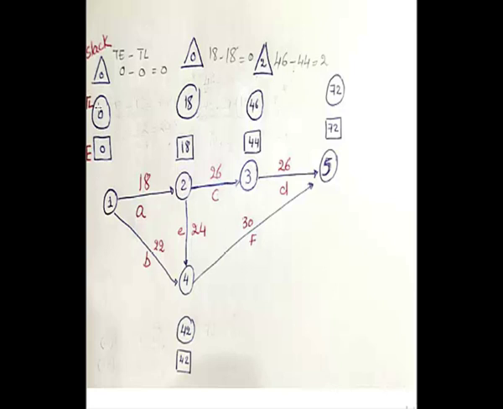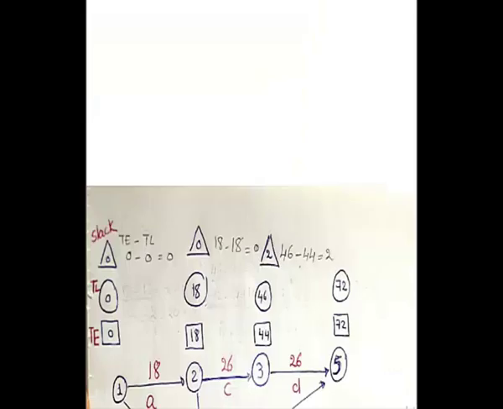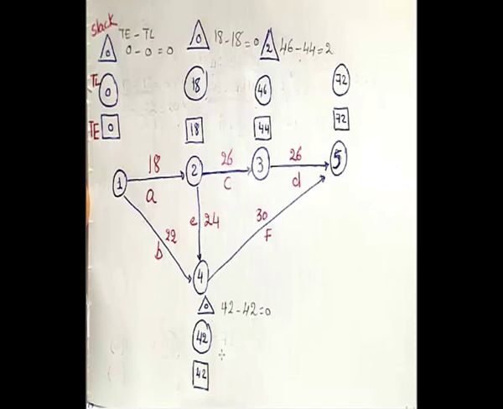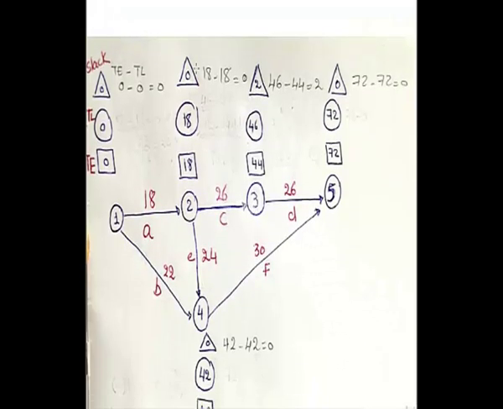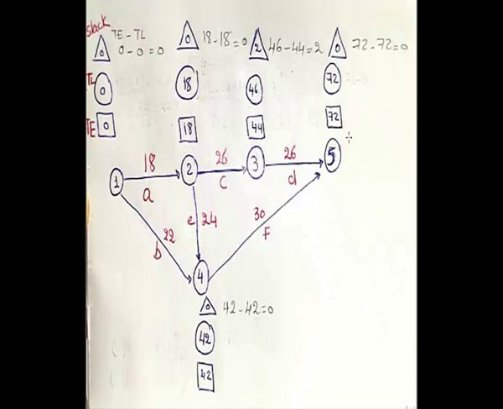Like for example, here for event number 1, there is no time to waste. Here you can have 2 days between the start and the end. Then continue for event number 4, 42 less 42 equals 0, and for event number 5, the same thing. So let's review this quickly.